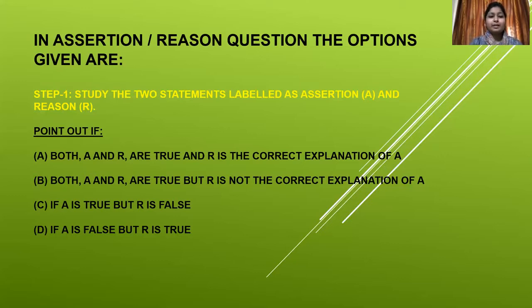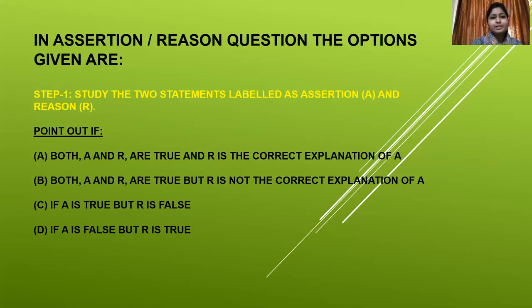And the second thing is, you will be getting four options with that particular assertion and reason. The first option will say both A and R are true. I hope you all know that A stands for assertion and R stands for reason. So it is both A and R are true, and R is the correct explanation of A.